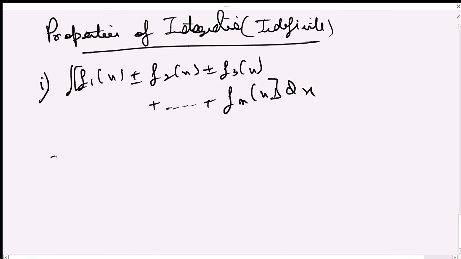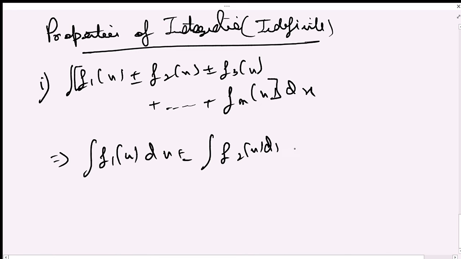So this can be further written like this. You can separate the integration: the integral of f1(x) dx plus or minus the integral of f2(x) dx plus or minus, and you can keep continuing till fn(x) dx. Clear?